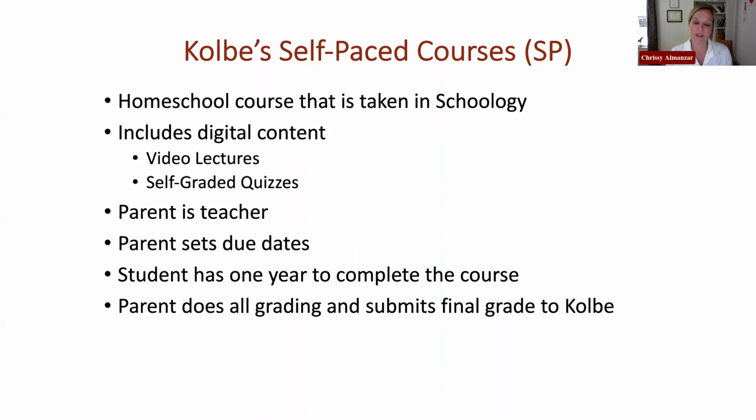And then once the student has completed the course, the parent will submit samples and grades, just like they would with a homeschool course, to the student's advisor. So these are the self-paced courses. And just as a side, if a student does need more time with a course, you can talk to your advisor about how to get more time with a course.